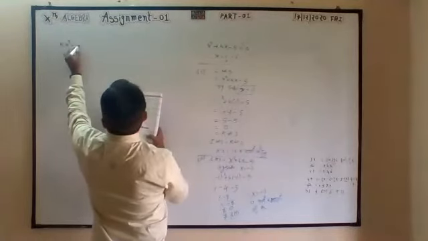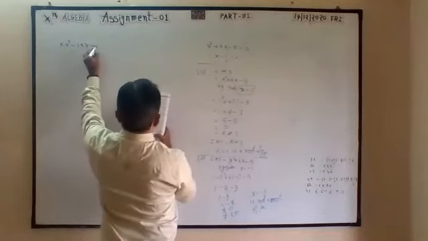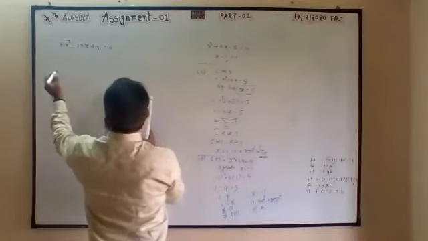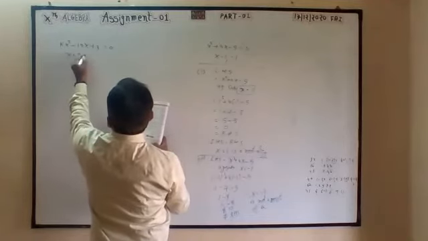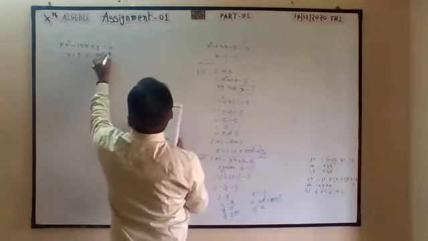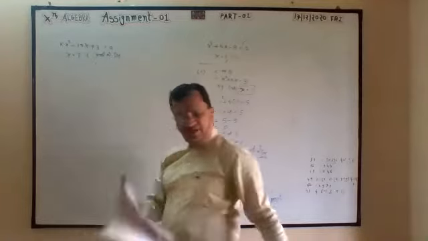Kx square minus 10x plus 3 is equal to 0. x is equal to 3 is a root of the given equation.